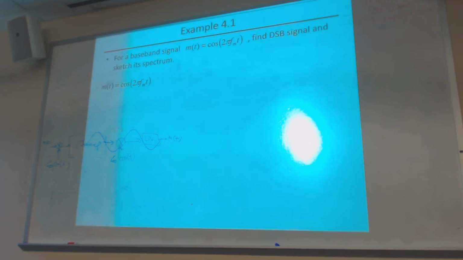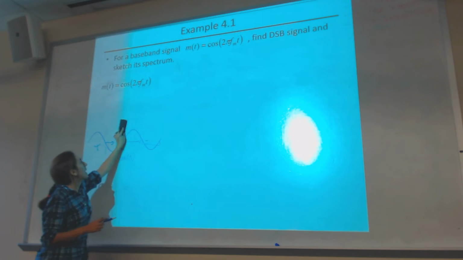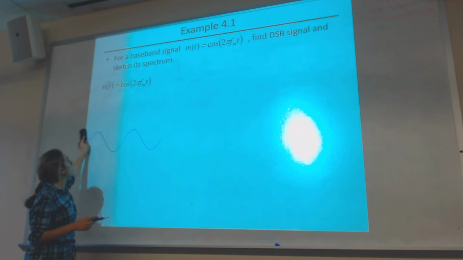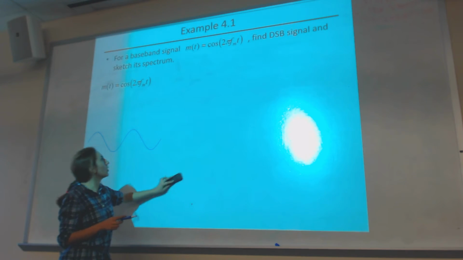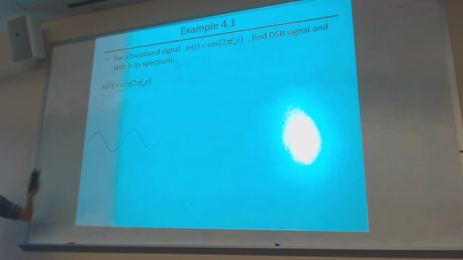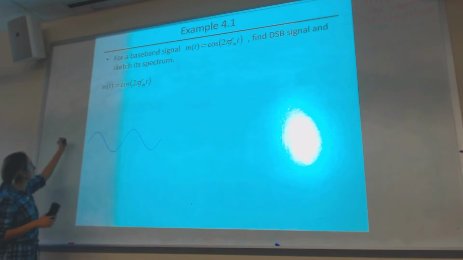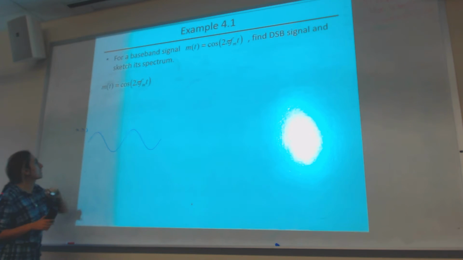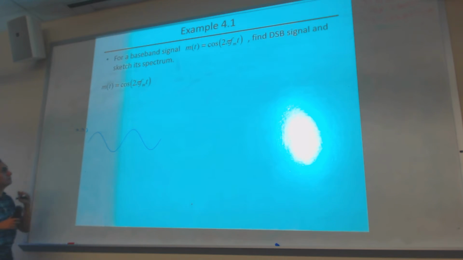Okay, now let's see one example. I have a baseband signal given by m(t) as cosine of 2 pi fm t. So my original signal is also a cosine. It could be anything. It's a low frequency cosine. Now it says find the double sideband.